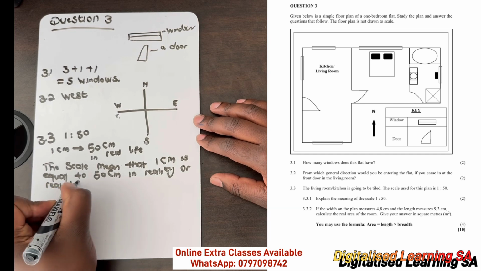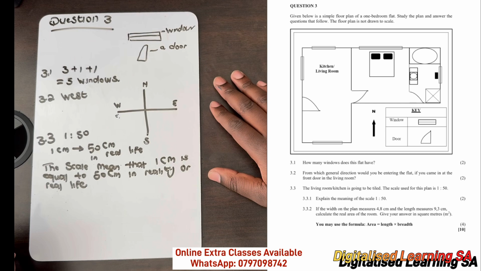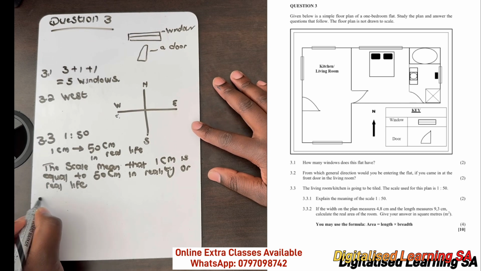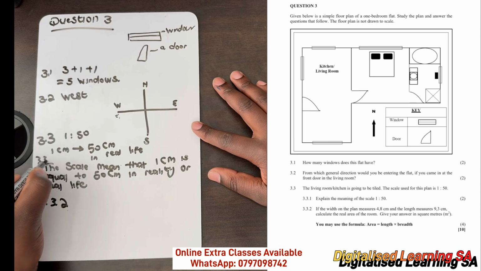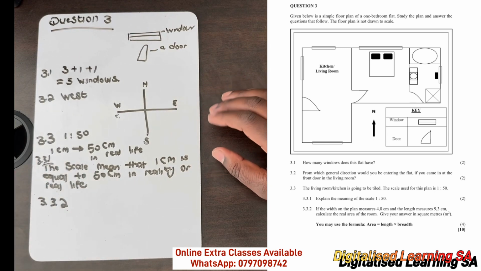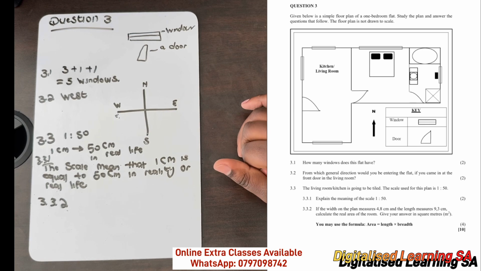Okay, so now let's move to our next question, which is question 3.3.2. Question 3.3.2 says that if the width of the plan measures 4.8 centimeters and the length measures 9.3 centimeters, calculate the real area of the room.